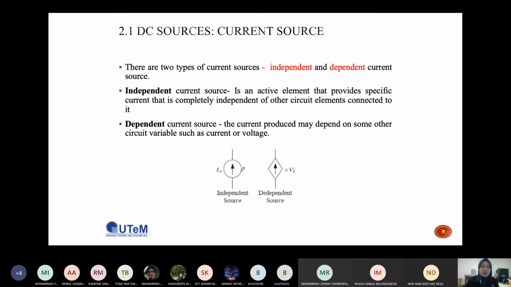If you have a source with an arrow like this, this is the current source. If it's a round shape, then it's an independent source. If you have a diamond shape, this is a dependent source. Then you look at the value. This one is dependent on the voltage. So the name is voltage controlled current source.